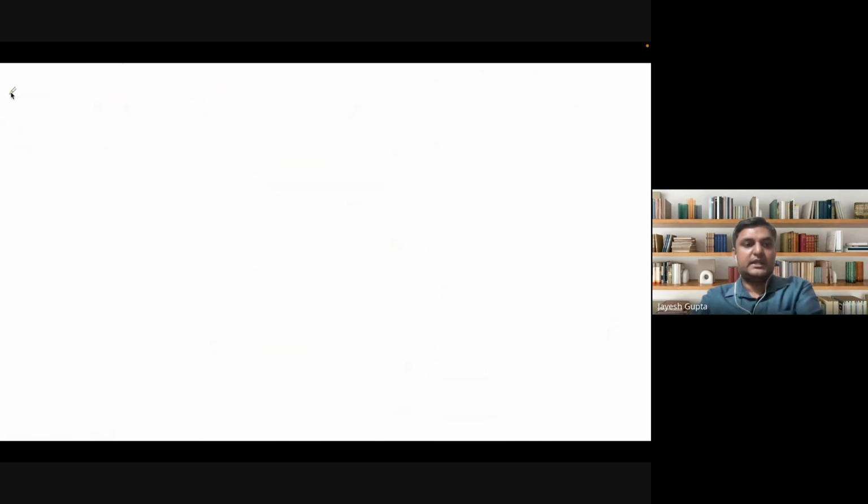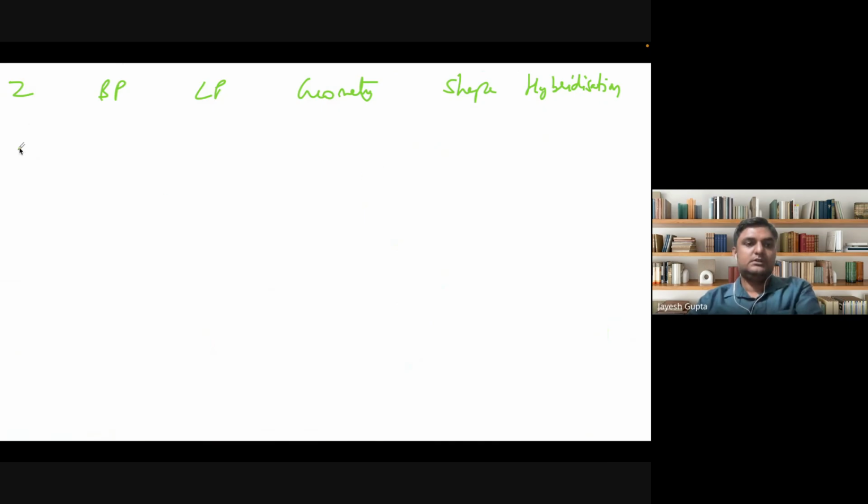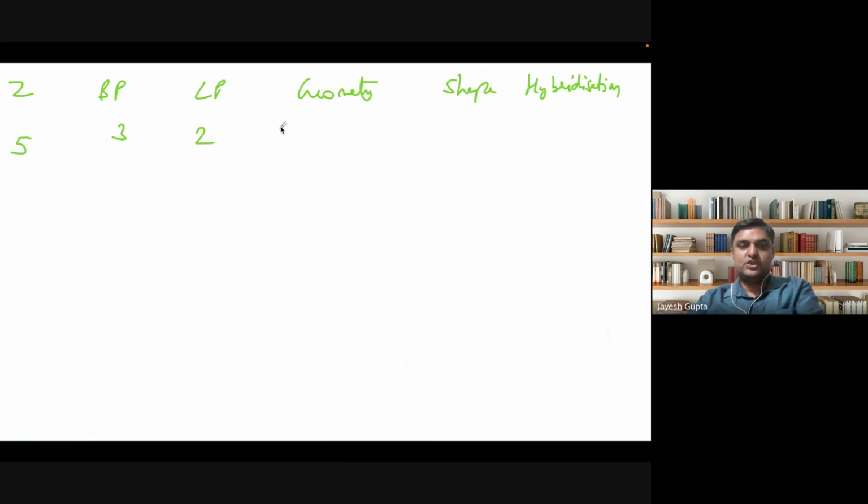Again we have to write this: Z, bond pair, lone pair, geometry, shape, hybridization. So Z again 5, lone pair I will increase to 2, 3 bond pair. So geometry will be TBP only, but now the shape will be like this: two lone pairs and one bond.